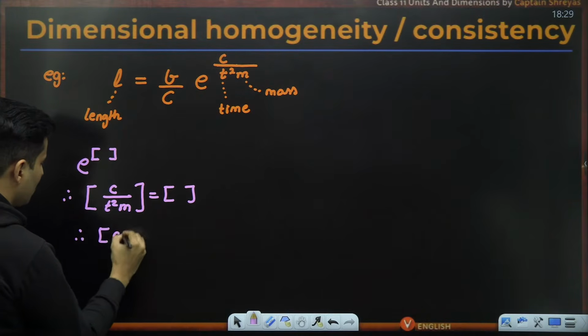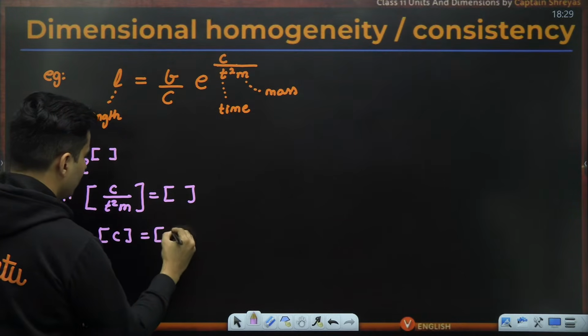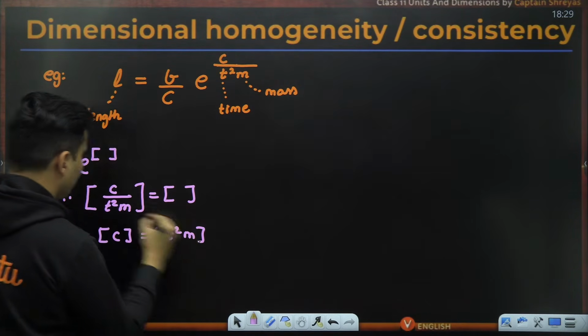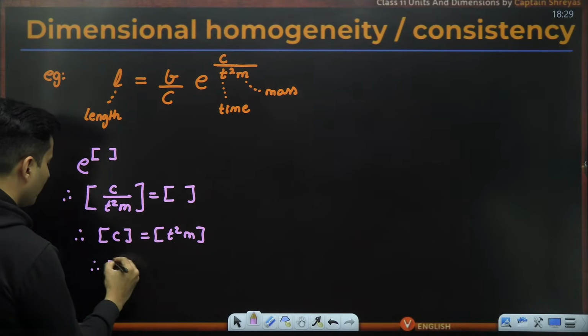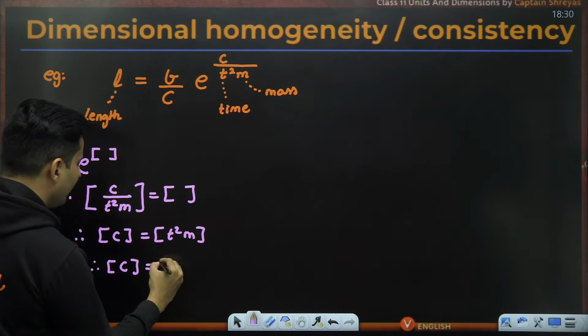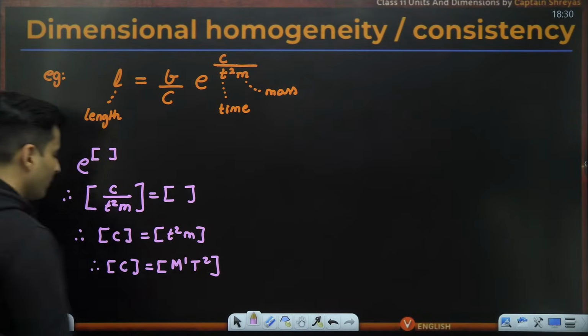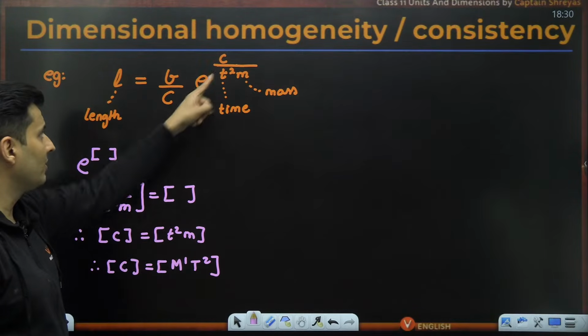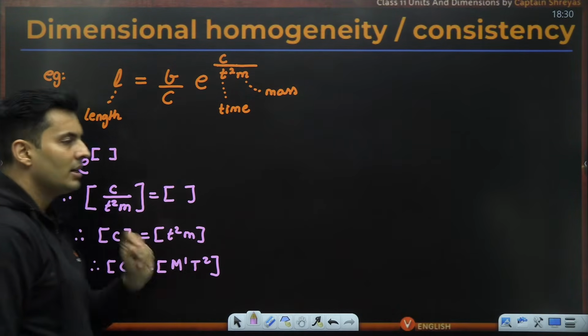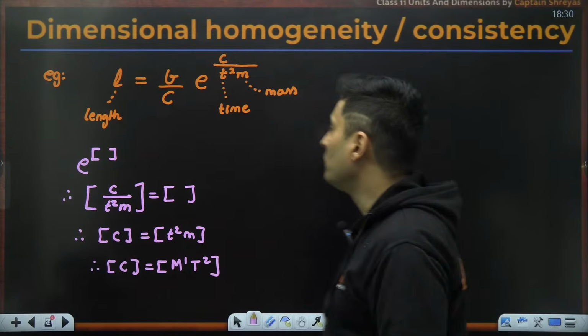Therefore, the dimension of C should be nothing but T square M's dimension. So the dimension of C is mass raised to 1 time raised to the power 2.